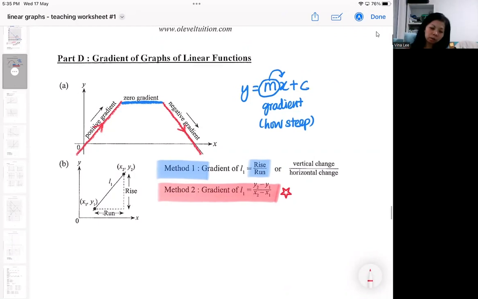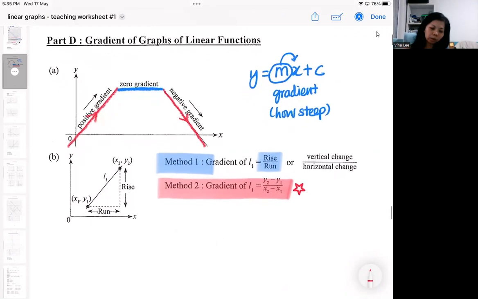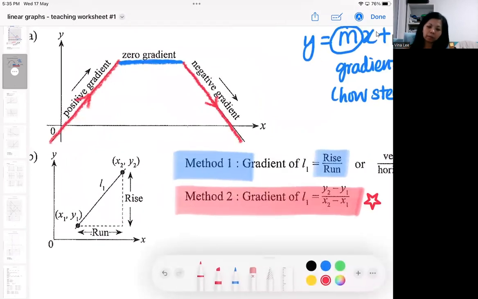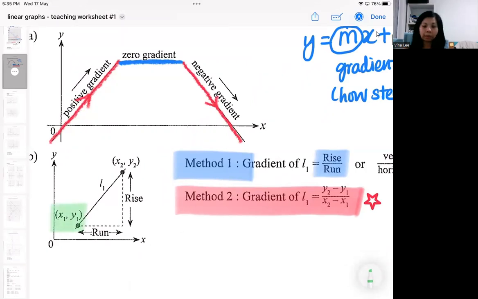In order to use the second formula, we need two pairs of coordinates. The first pair, you call it x1, y1. The second, you call it x2, y2. It doesn't matter which one you call the first coordinate or the second coordinate.